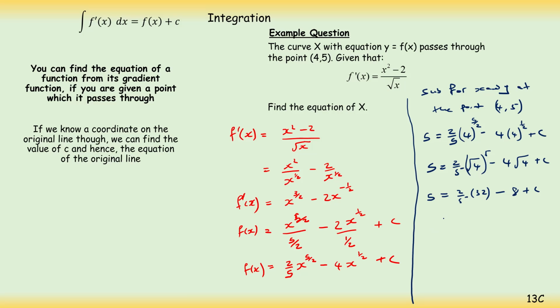So c is going to be equal to 5 plus 8 minus 64 over 5. Simplifying that, we've got 13 minus 64 over 5, which is equal to 65 minus 64 over 5, which is 1/5.